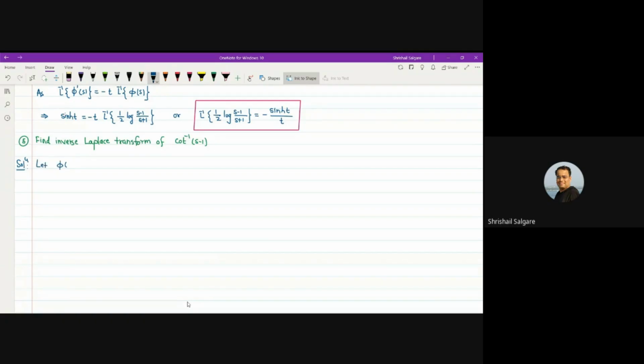I will denote phi of s is equal to cot inverse of (s minus 1). These are the standard examples, so you have to remember. So can I write this cot inverse in terms of tan inverse? What is the result? I think that result you have studied. Tan inverse x plus cot inverse x is equal to pi by 2.